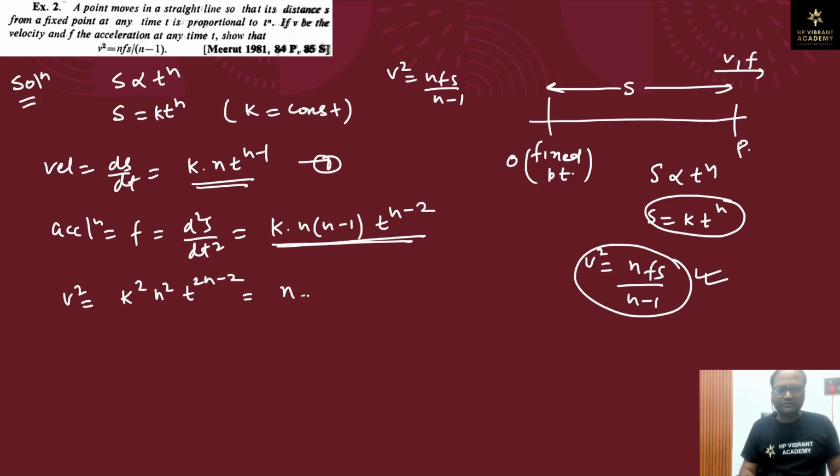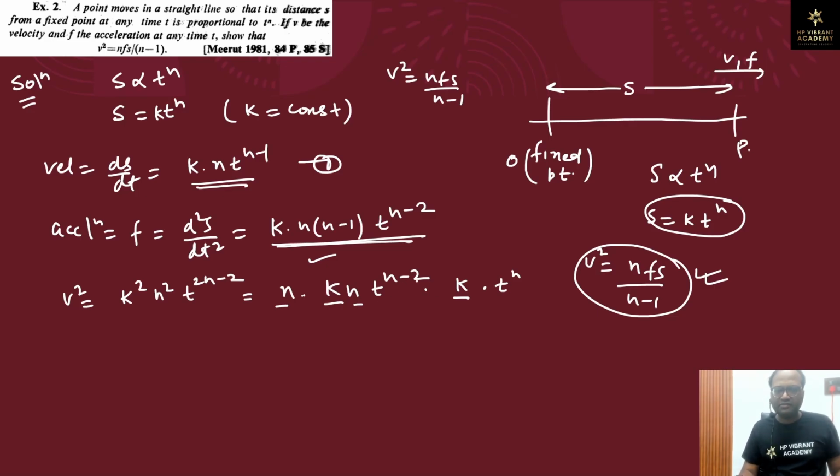n times nfs. So we have f as this. Let us write down f here: k n t to the power n minus 2, and where we have k square. Let us multiply with k to make it k square. So we have k here and k here, this is k square. We have n and n here, we have n square. Now we are left with t to the power 2n minus 2. So we have here n minus 2, and t to the power n we will multiply.